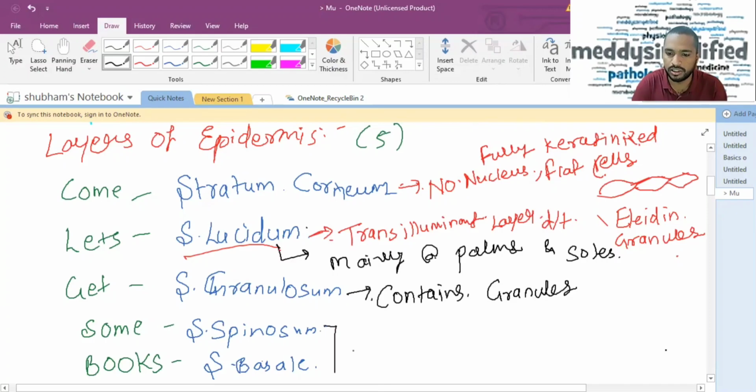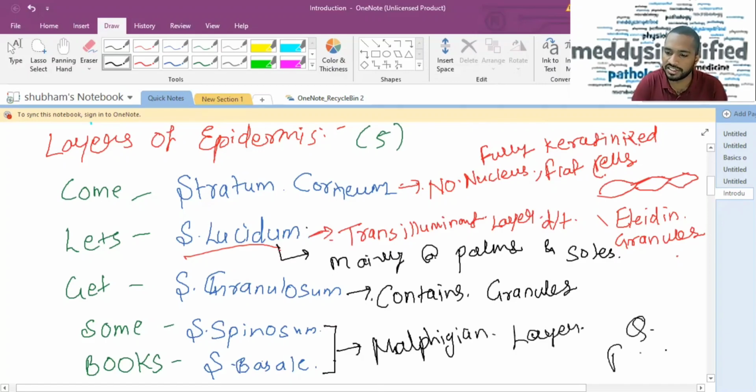These two layers together are known as the Malpighian layer. Why am I telling you this detail? Because it is a commonly asked question in the FMG exam. Now I don't know whether they ask single liners or not, but they used to ask these questions very frequently from derma. So these are the five layers: stratum corneum, stratum lucidum, stratum granulosum, spinosum, and basale.